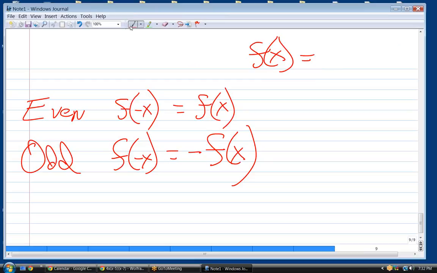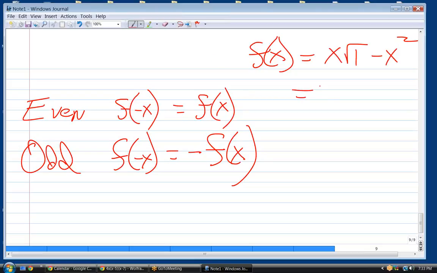And then the last one is x times the square root of 1 minus x squared.